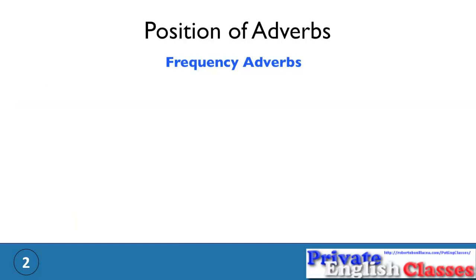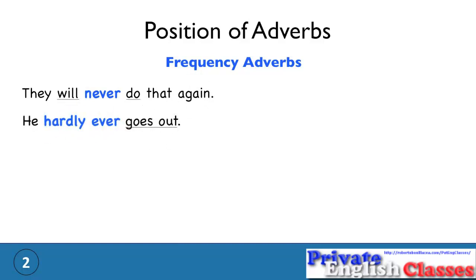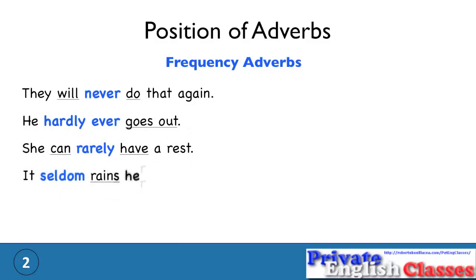Let's look at other sentences with adverbs of frequency. They will never do that again. He hardly ever goes out. She can rarely have a rest. It seldom rains here.